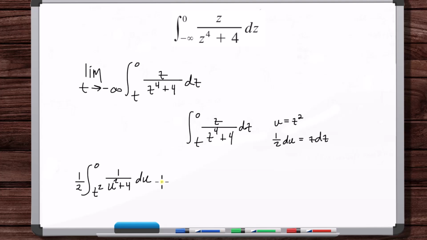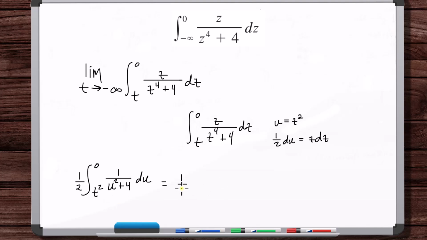We know that this integral is going to be 1 over 2 arctangent of u over 2. The integral of 1 over u squared plus a squared du is 1 over a arctangent of u over a.